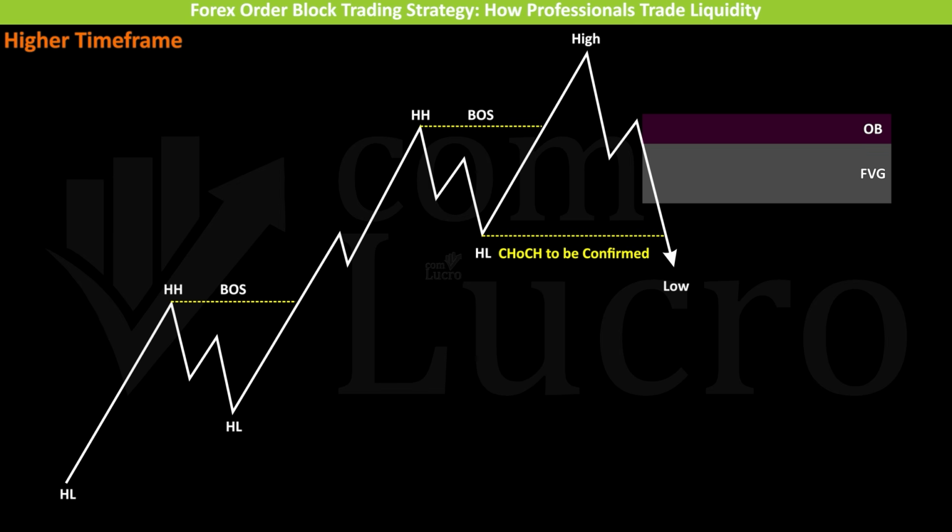That way, we can observe how the market reacts around the zone and confirm whether the trade setup is truly valid. We want to see a clear rejection from the order block to ensure that it is being respected. Even though this setup has a high probability, price does not always reverse perfectly from the box. The market can easily ignore an order block, so patience and confirmation are key.